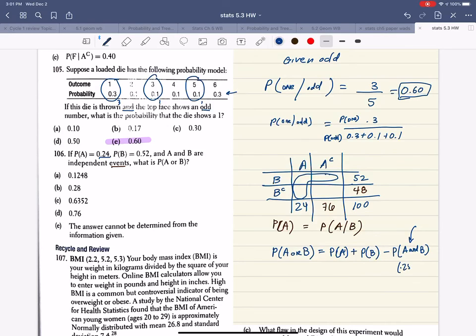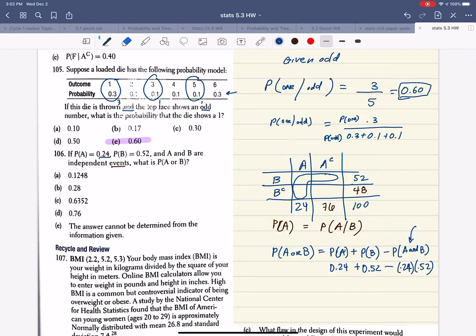So this is interesting. So let's see what this ends up being. All right, so the probability of A and the probability of B, and take away the overlap. So let's just do a little quick number crunching. And actually, you did it.